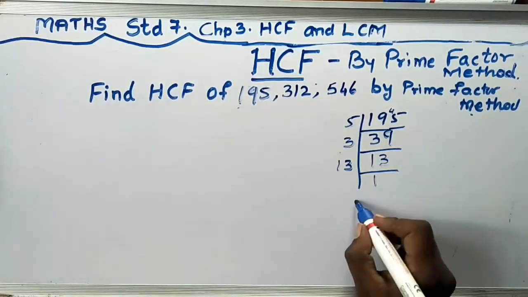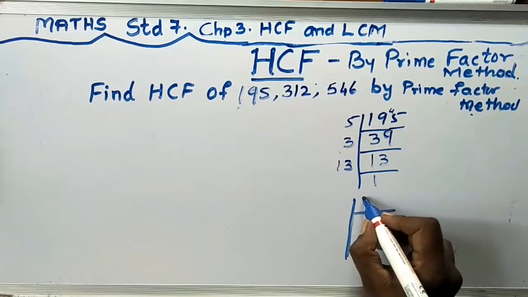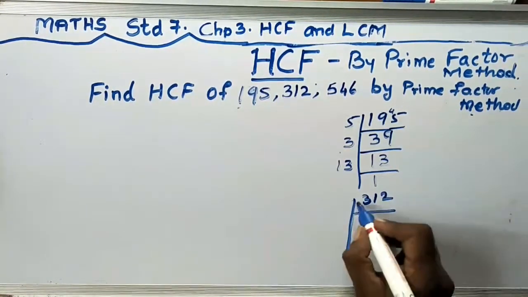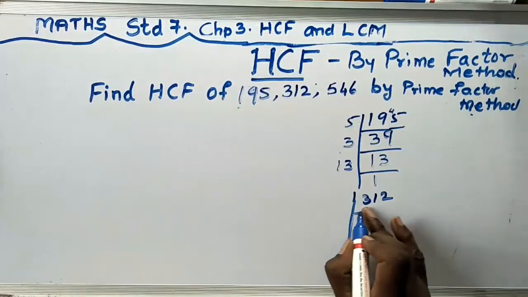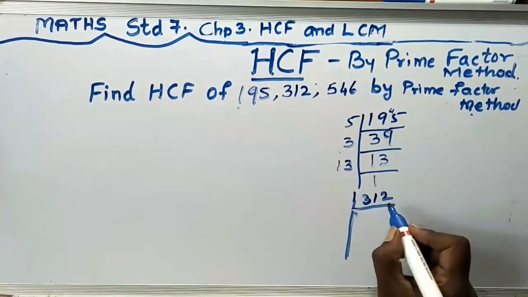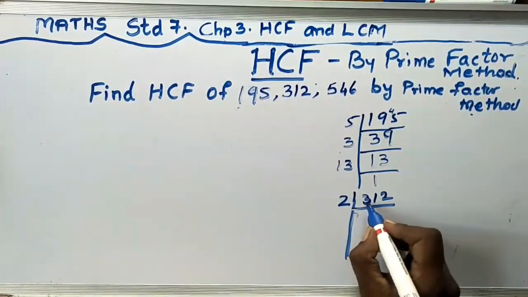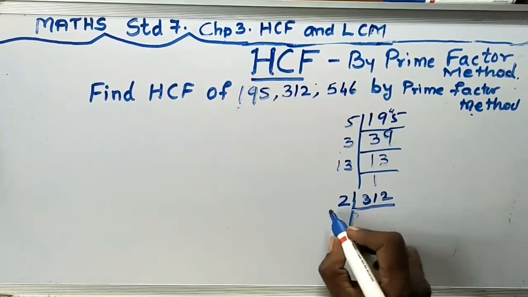Next, we'll find the prime factor of 312. In the unit place, the number is 2. So I took 2. 3 doesn't go in 2 table.